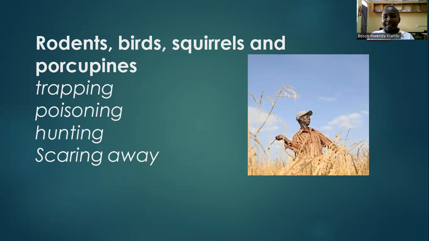They can also scare the bats, like this old man is trying to scare them away by throwing stones at them or coming up with scarecrows. And that is also one of the ways you can deal with the rodents in a biological way.